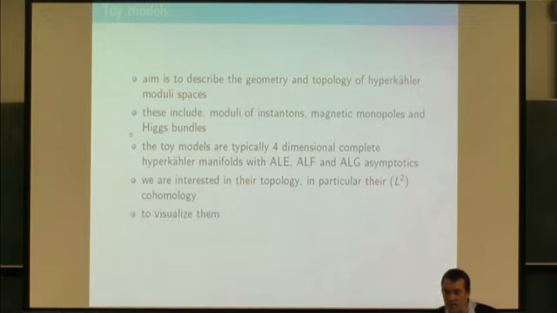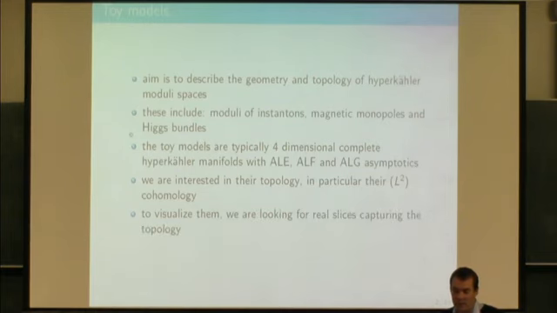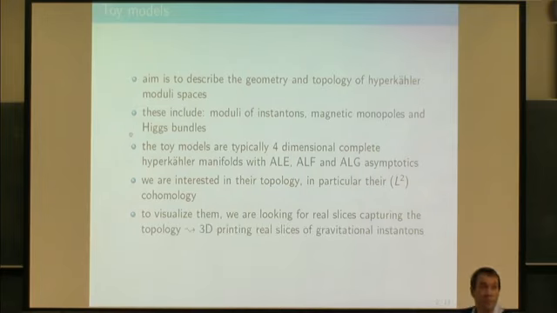Now with technology, what we can also do, if you can work out what is the defining equation, for example, of these varieties or by other means, one of my little side projects is to try to visualize these toy models by 3D printing real slices.